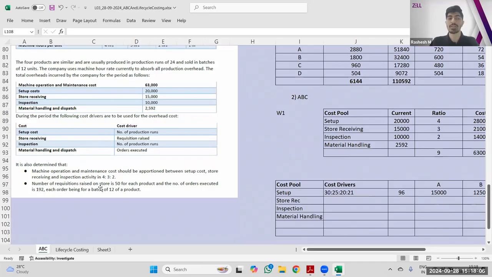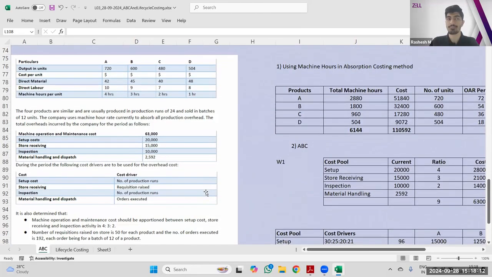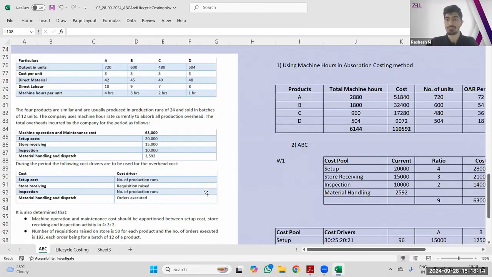The number of requisitions raised on store is 50 for each product. 50 for each product means what? Can someone tell me what a requisition is? It is a form for purchase. For ordering. Purchase requisition. Correct. Requisition means purchase. So I have made 50 purchase requests per product.